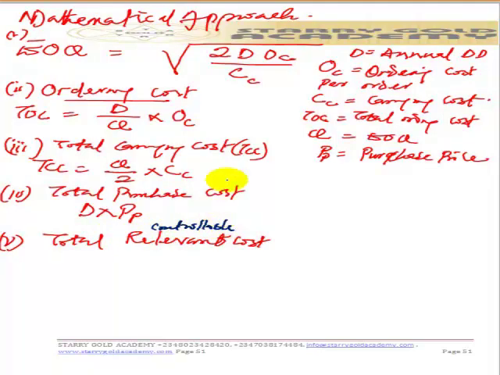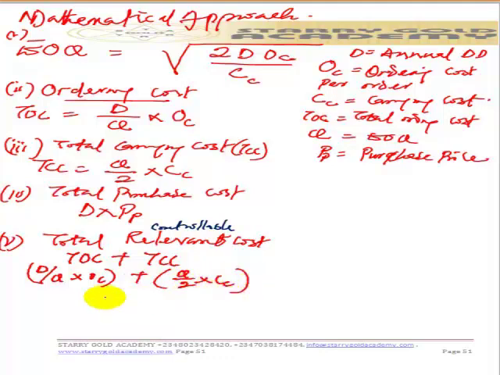To find this is just the addition of the two costs that are relevant. That is the total ordering cost plus total carrying cost. That is D over Q times OC plus Q over 2 times CC.